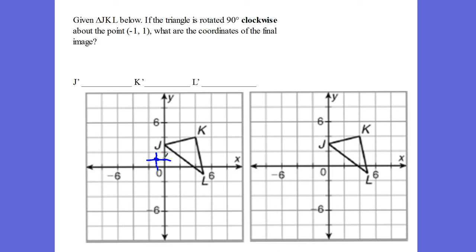You can also do it on the calculator. Yes, but this year I'm actually not teaching it that way. Okay, so using your patty paper, if you do rotate it around that, instead of putting your axes right there, you put your axes on negative 1, 1.